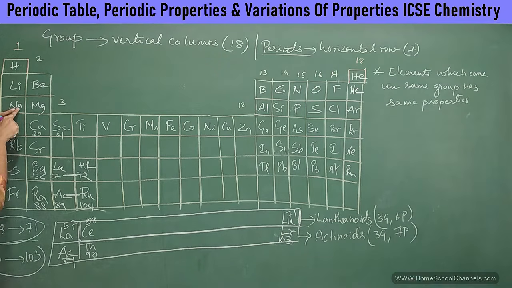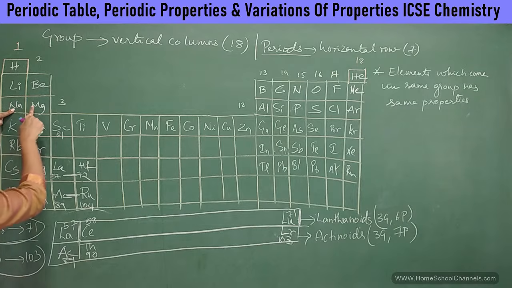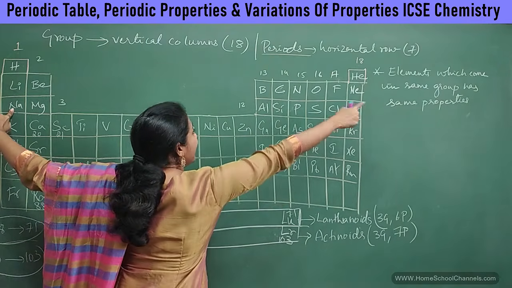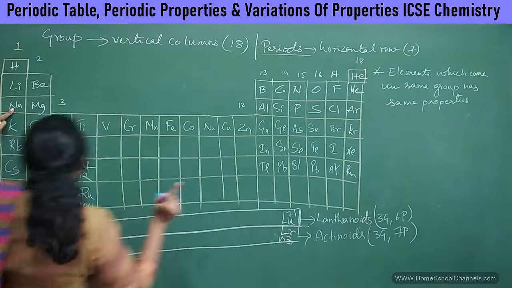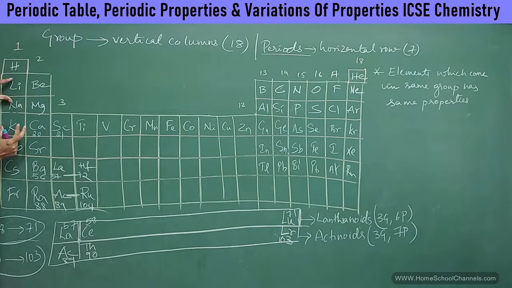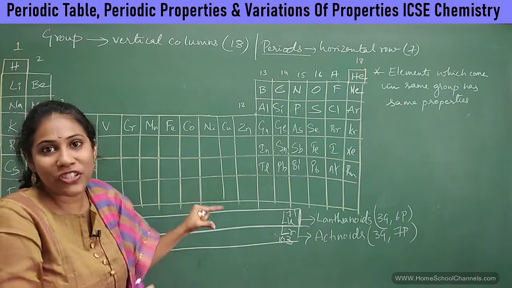Below sodium you have potassium, which has come after certain gaps, after certain atomic numbers. So for the elements in the same group, after a certain gap, the same physical and chemical properties get repeated. That's the meaning of the definition.